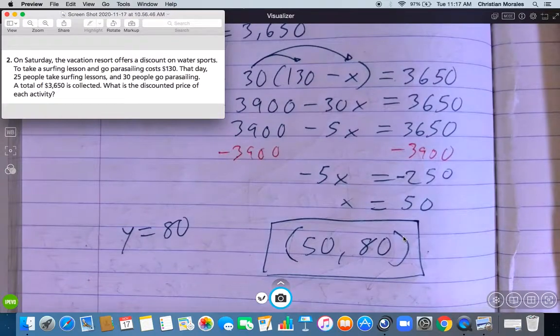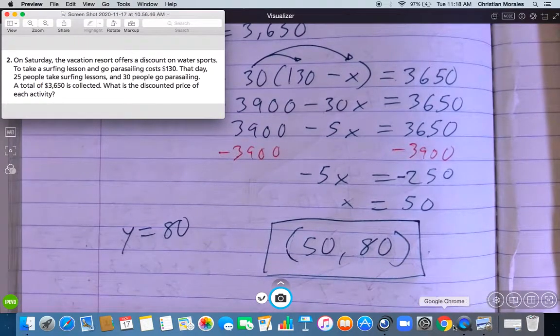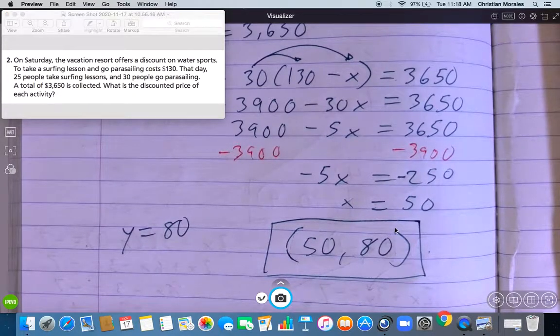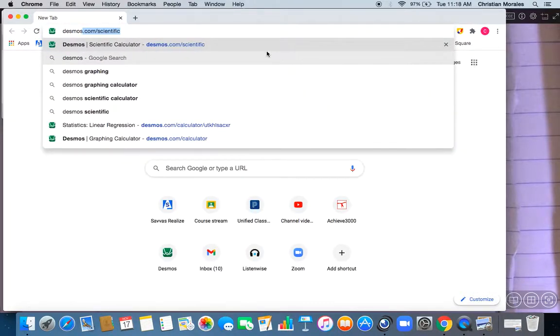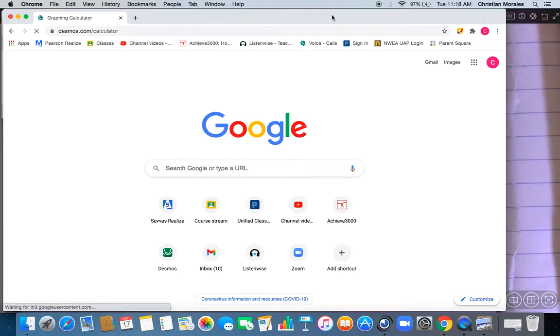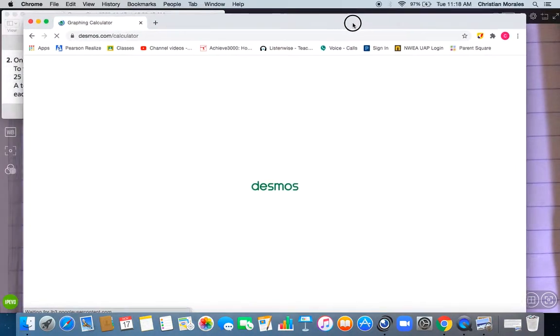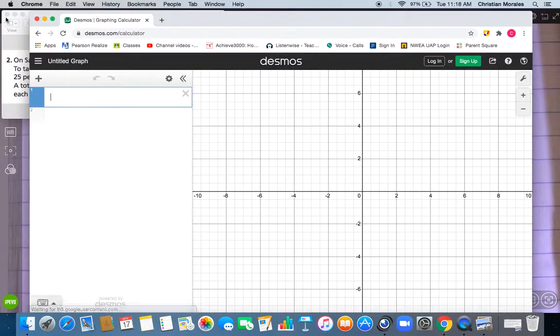Now, I know that seems like a lot. So what I'm going to do right now is I'm going to show you how you could use Desmos to help you out on these questions, okay? So I'm going to open up Desmos, and I'm going to use Desmos graphing, okay? So Desmos calculator. Now, the way you can use Desmos for these questions is you can type in the equations in here.